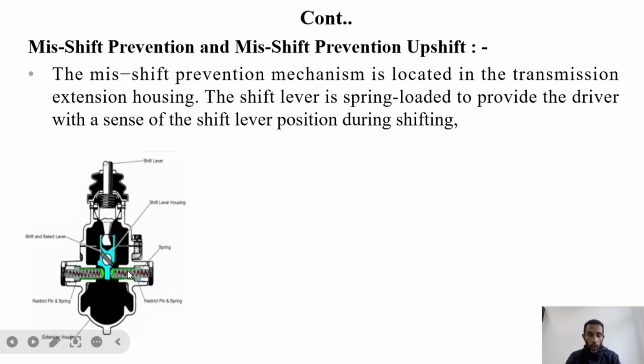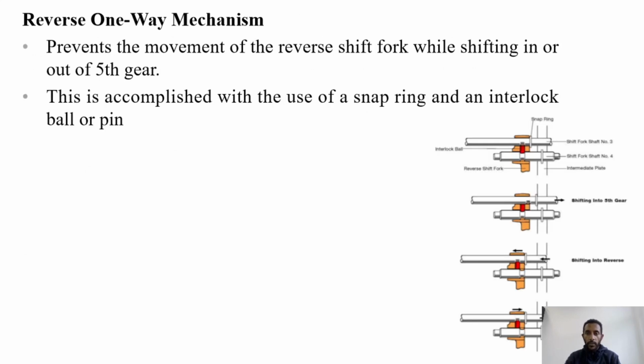The springs always push this to the center to free the shift lever housing. To change the gear, we start from neutral and pull in one direction to select the appropriate gear. That's why we call this misshift prevention.